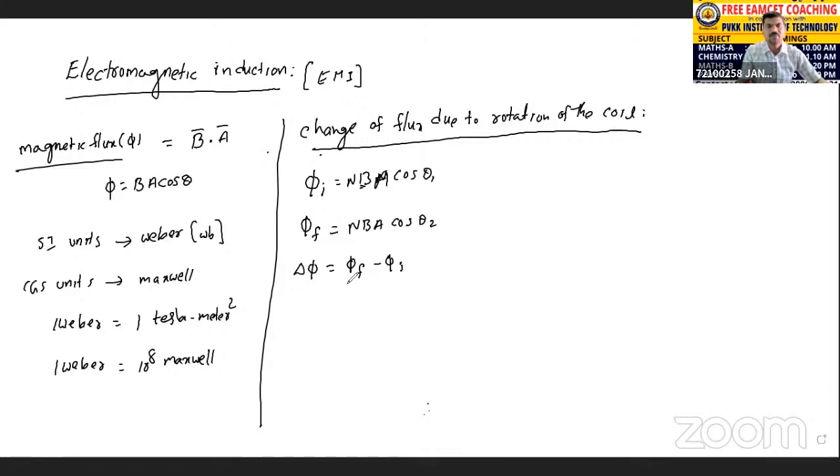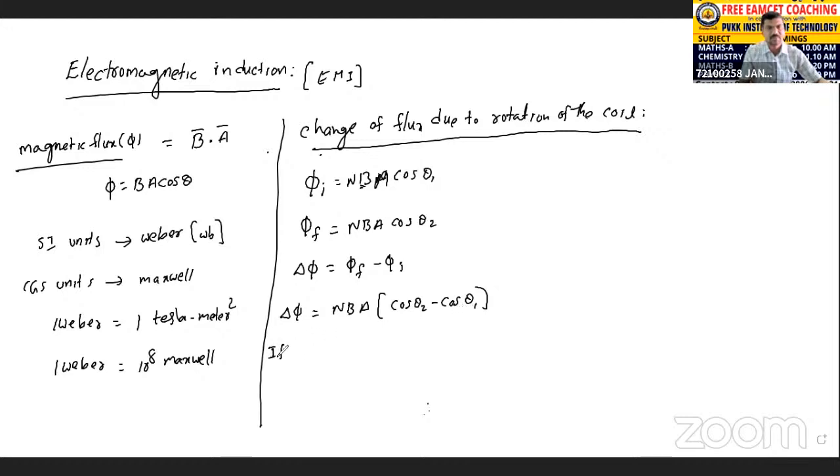NBA is common in this, so delta phi is equal to NBA into cos theta 2 minus cos theta 1.